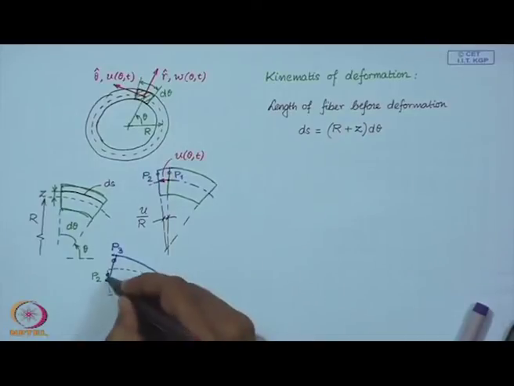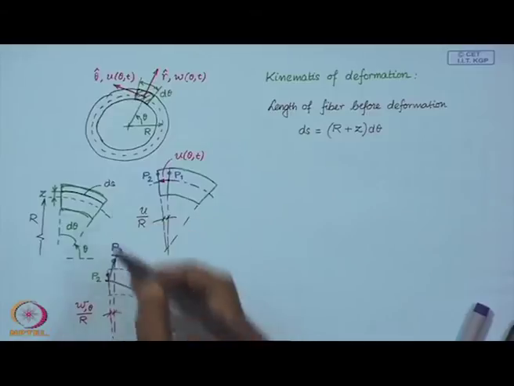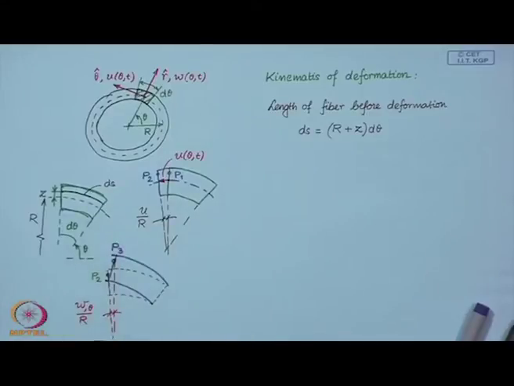Here again there is this angle, which can be written as the slope of the center line of this element when there is a deflection in the radial or transverse direction, captured by the field variable w.